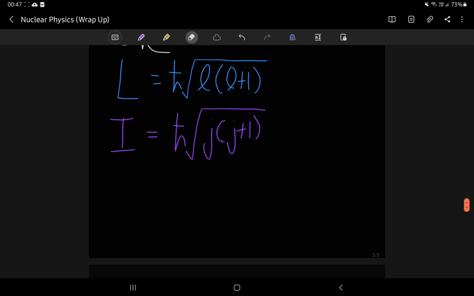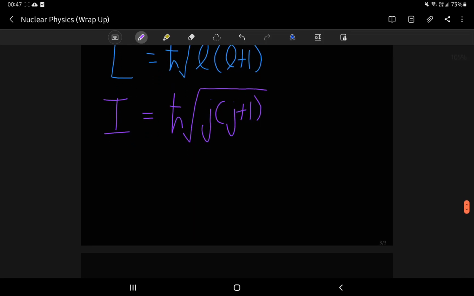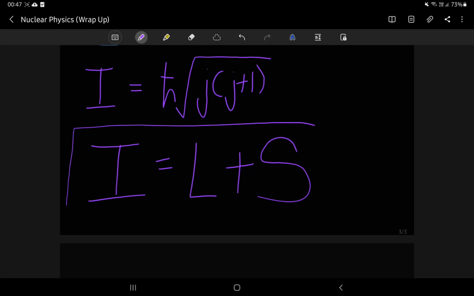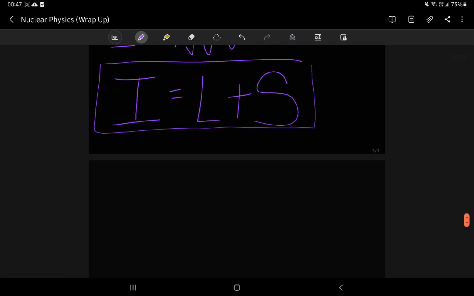Okay, and the main important equation is the total angular momentum is L plus S. Very important.